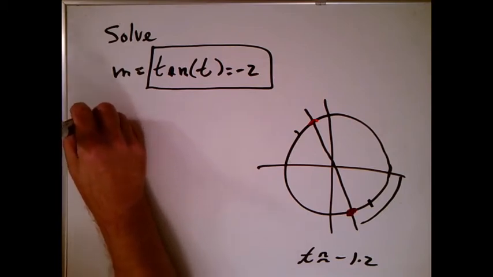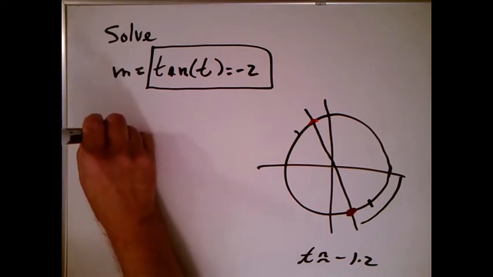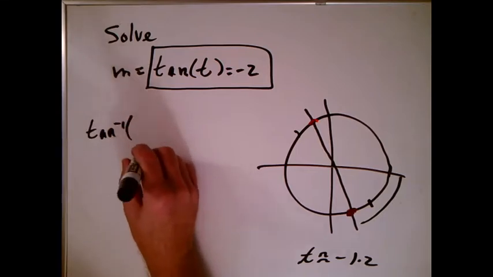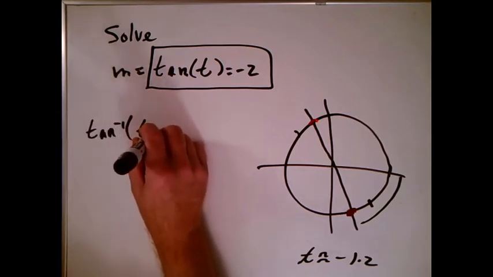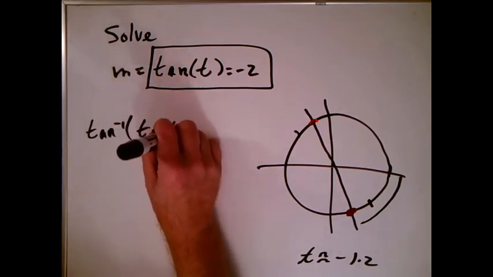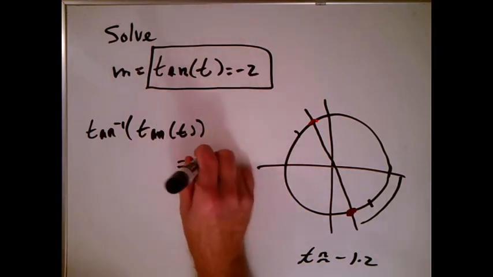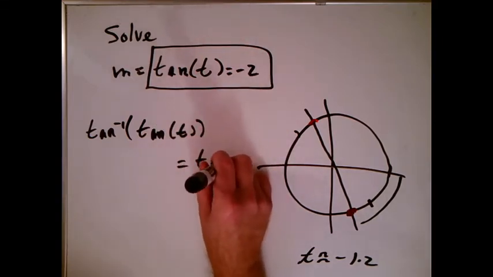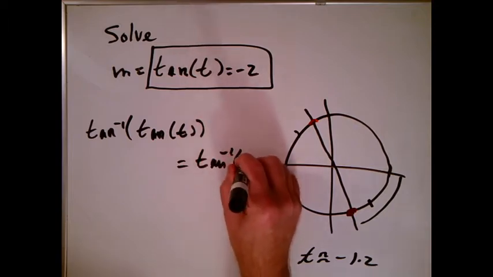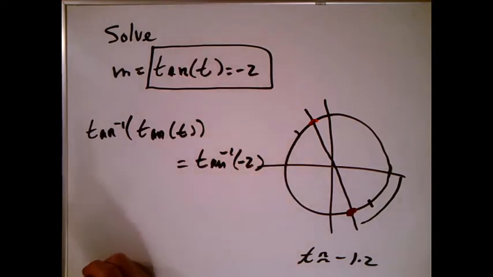So we're not going to write it all out this way every time, but it can't hurt once or twice. I'm going to say the inverse tangent of t is going to be equal to the inverse tangent of -2. Now what in the world is inverse tangent of t?